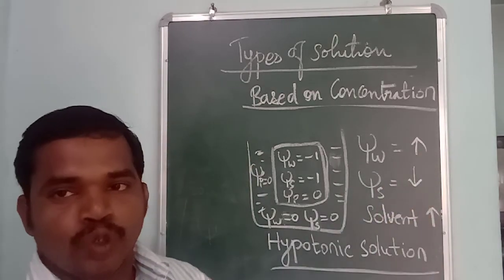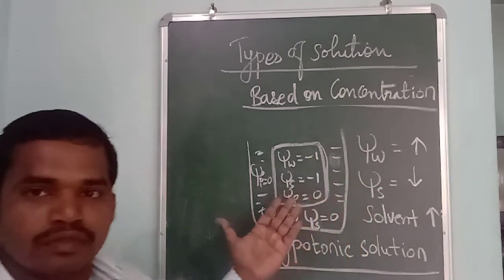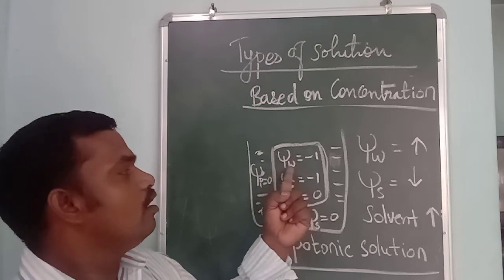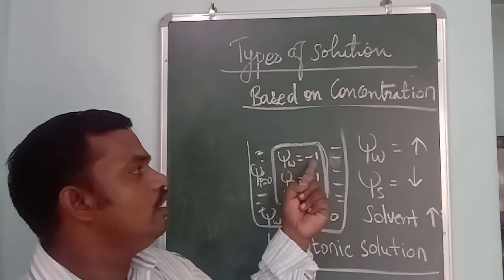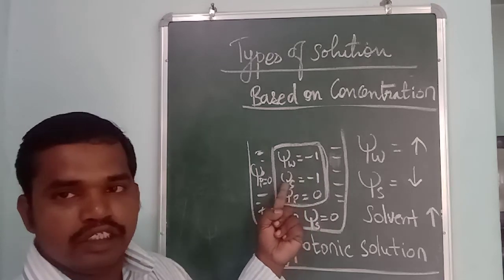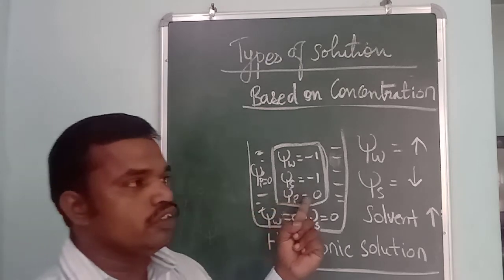Look at this diagram. Inside the cell, the water potential is denoted as -1, the solute potential is -1, and the pressure is 0.